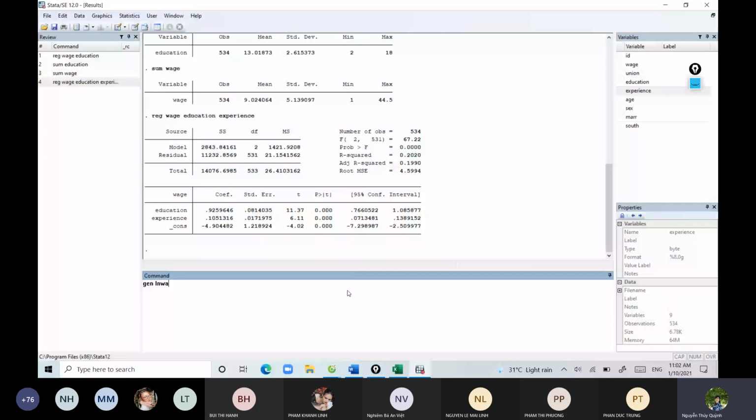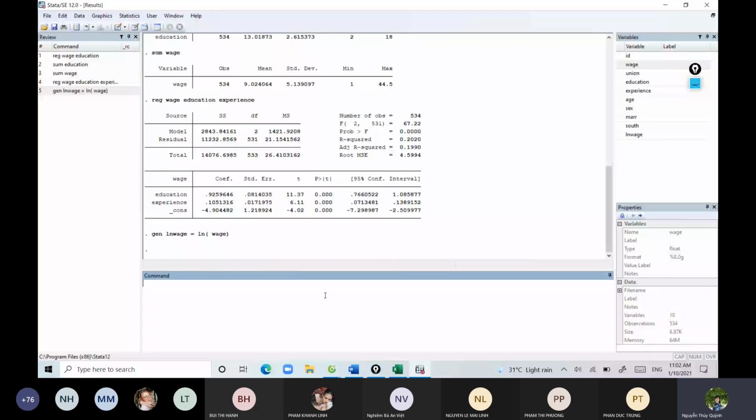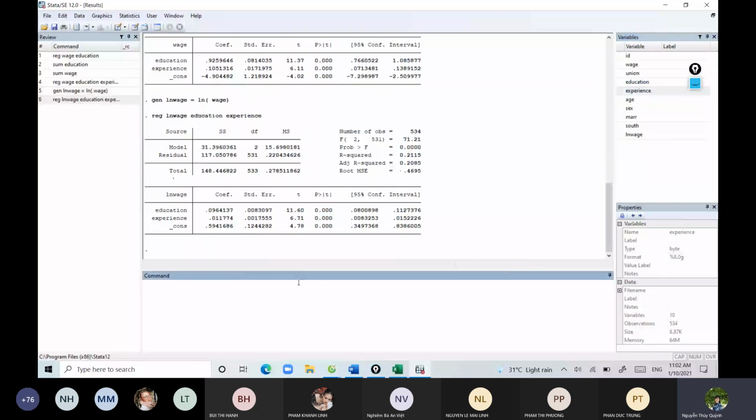Now we regress lnwage on education and experience. Okay, so enter. We have the estimated model here. Can you see that? So this is the estimated model. Now write down the estimated model.